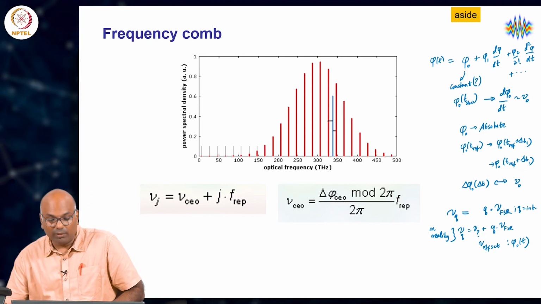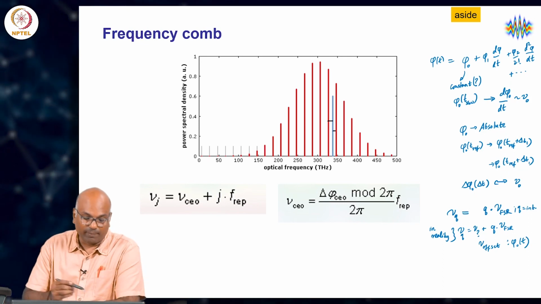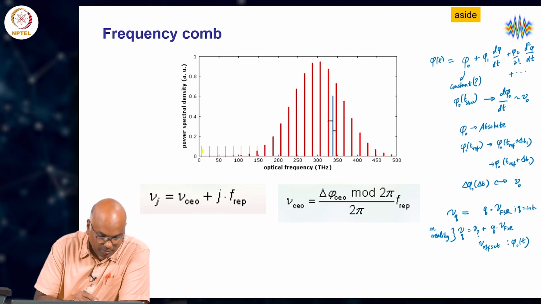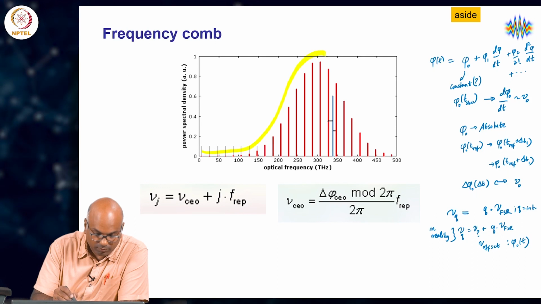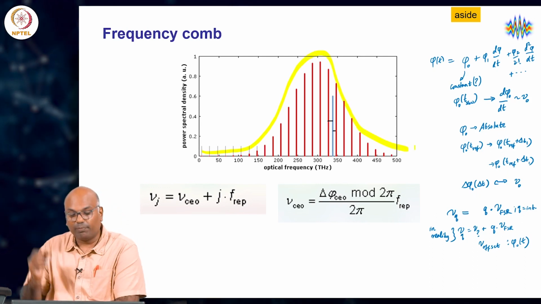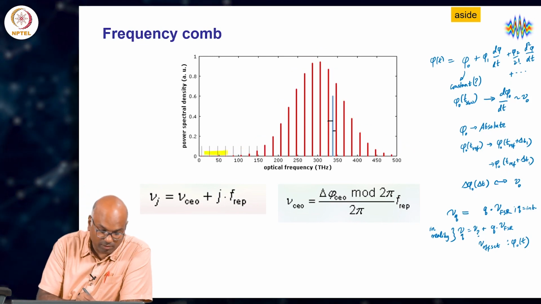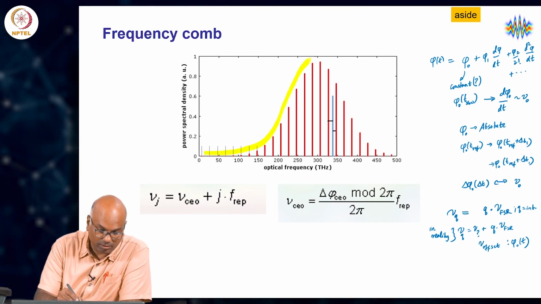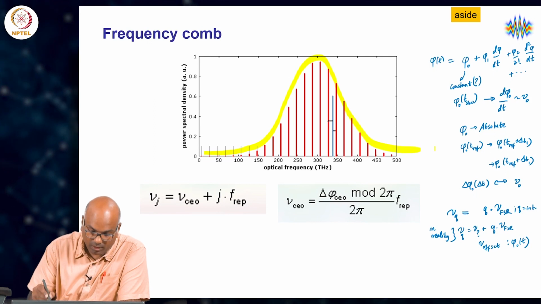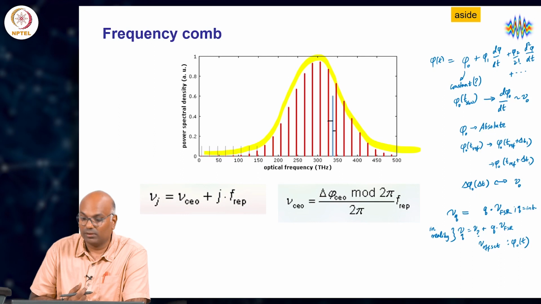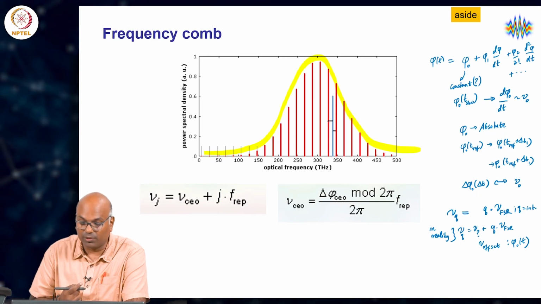So the way to think about that is the following. You have here a distribution. You recall our picture of the cavity modes, a measurement which I showed you in black and white earlier. This is now a distribution which has at least 2 degrees of freedom, as we could see.